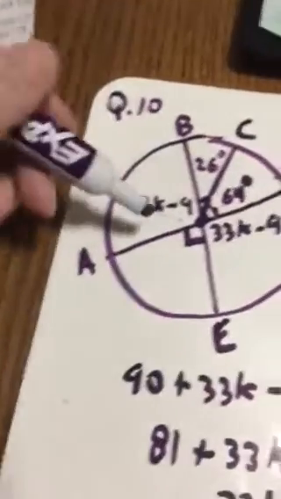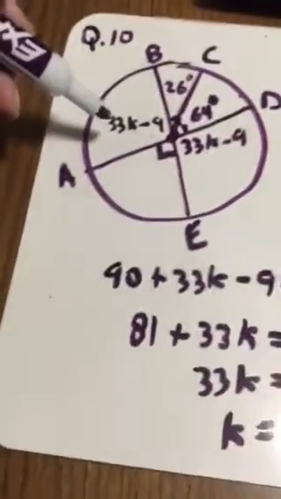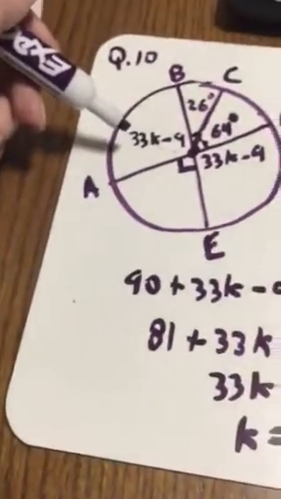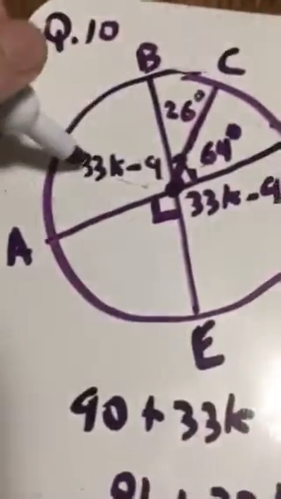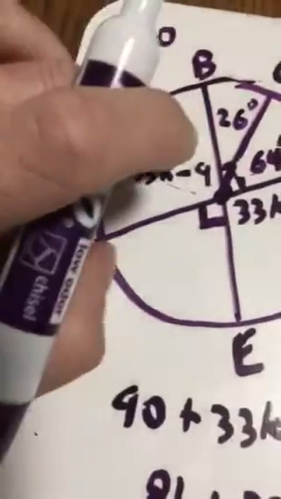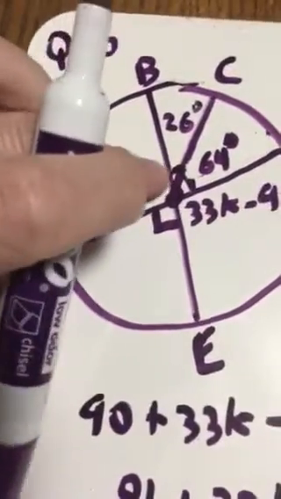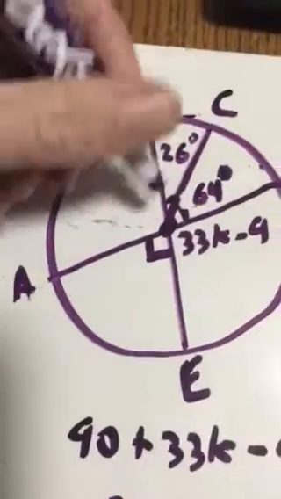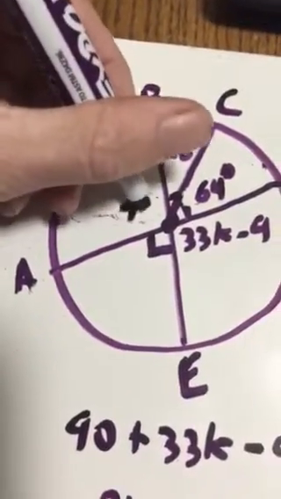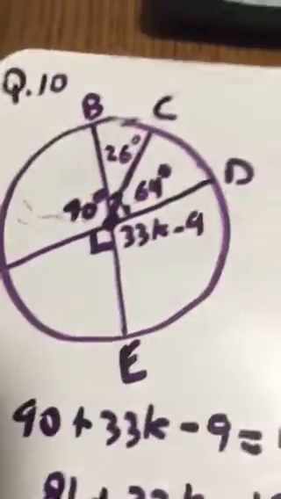We already know what this is, 33K minus 9. All you have to do is plug in your value for K, which is 3. So 33 times 3 minus 9 gives you 90 degrees. So this is 90 degrees.